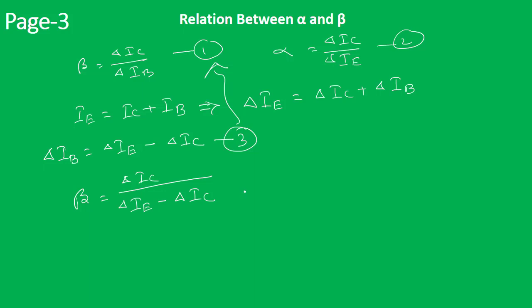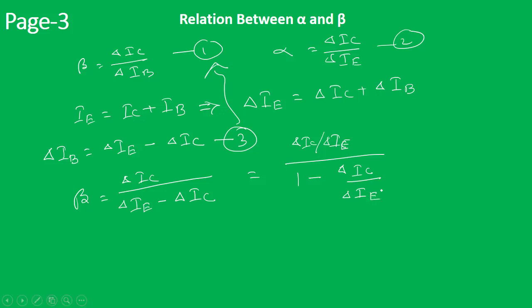So now if we divide the numerator and denominator with respect to delta IE, what we obtain is delta IC divided by delta IE, and for this portion we'll get 1 minus delta IC divided by delta IE.